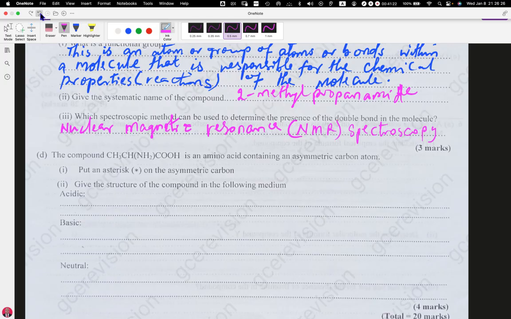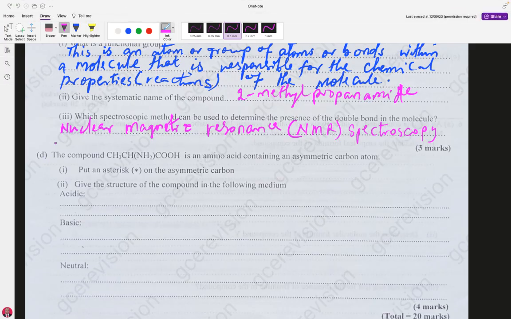There's another one again. You can even use infrared spectroscopy.